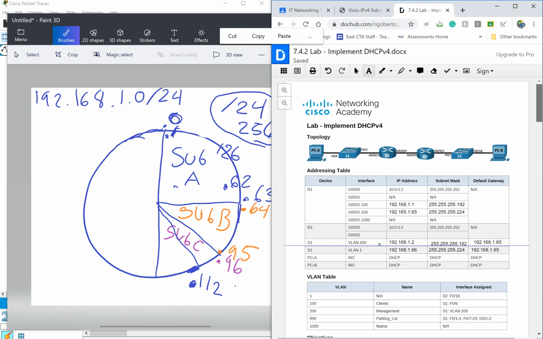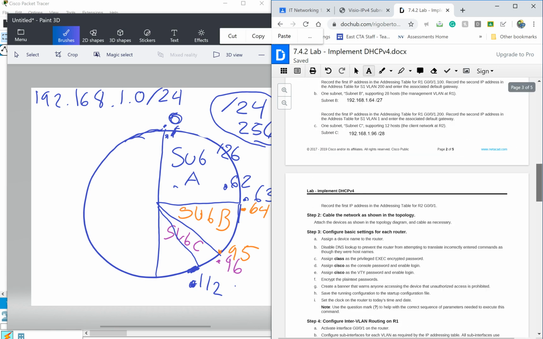That's the first usable, right? .64 is the network address, so the next one after that is .65. The correct subnet mask is 255.255.255.224. And we don't have an S1 VLAN 1, so you have to kind of keep that in the back of your head. Just make sure you keep that in your mind, what you're going to do there.